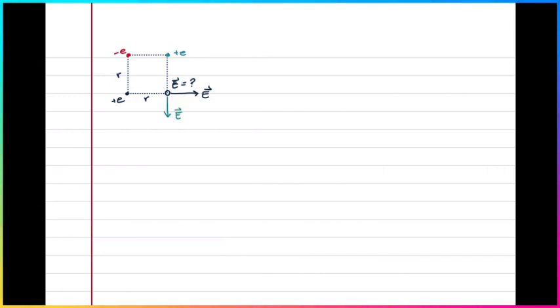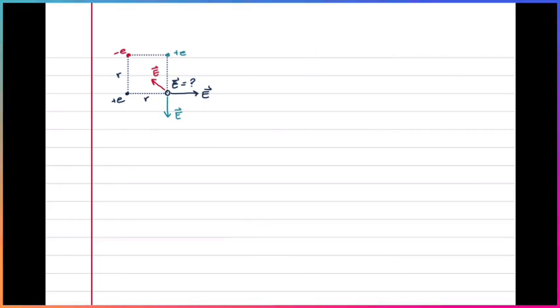And then for the negative charge in the opposite corner, I know that it's going to point diagonally up and to the left. So in this case, I expect that the net electric field is going to be the sum of these three vectors.